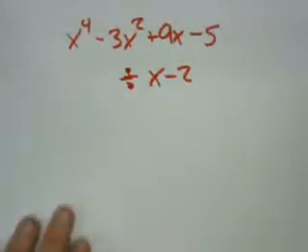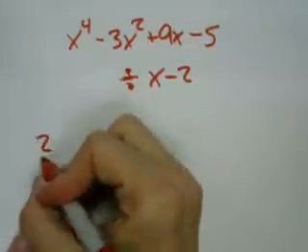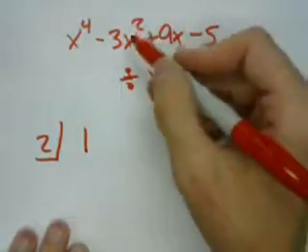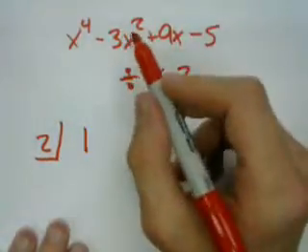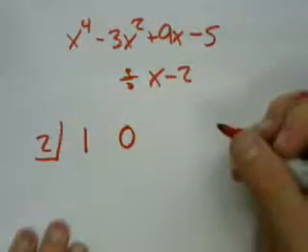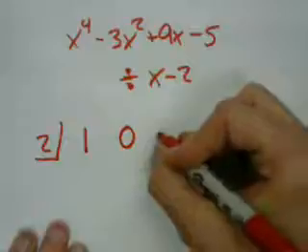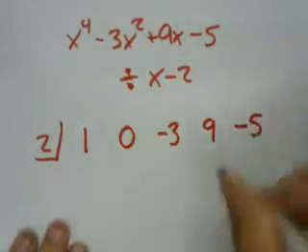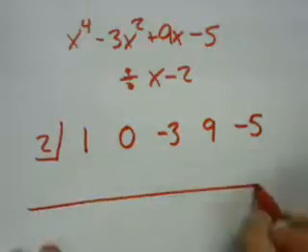Okay, so what we have to do is take the minus 2, flip the sign, and put it in the notch. We take our x to the 4th, that's 1. But now we skip to an x squared. We skipped over x to the 3rd. So we actually write a 0 in here. Then we have an x squared term of negative 3, a 9 on our x, and a negative 5 as our constant. Now we draw our line underneath.